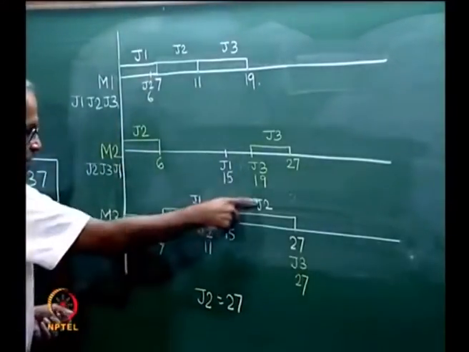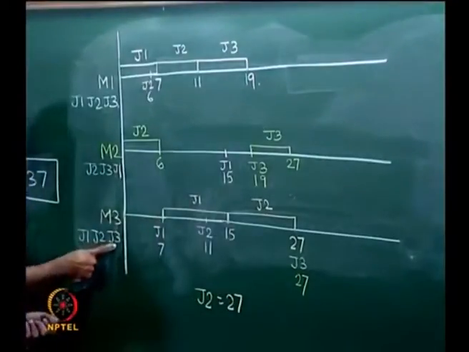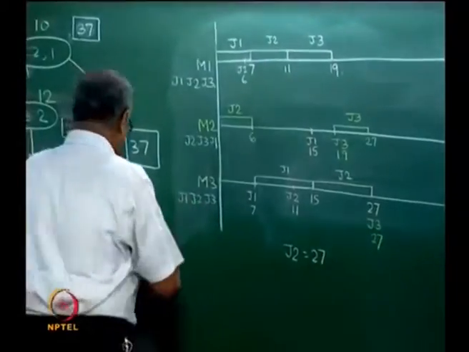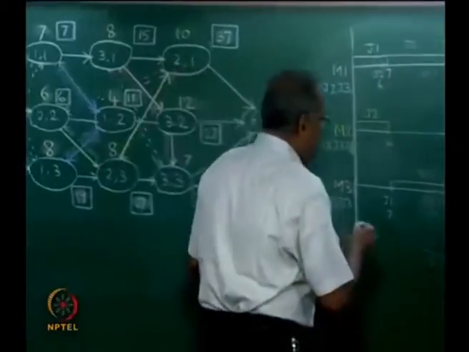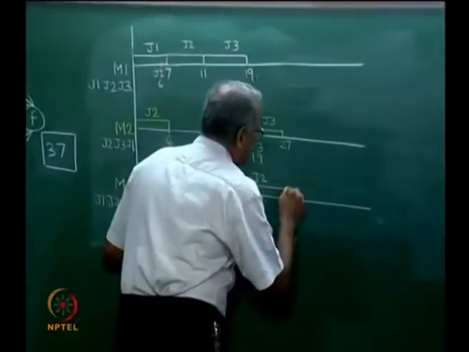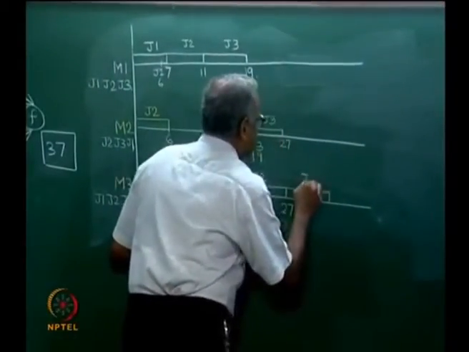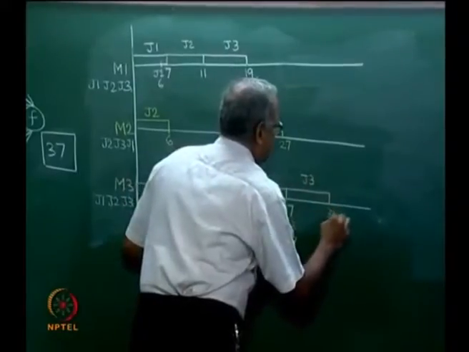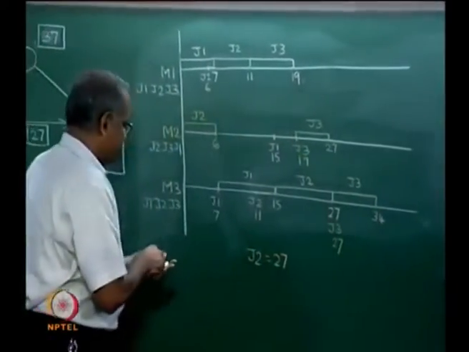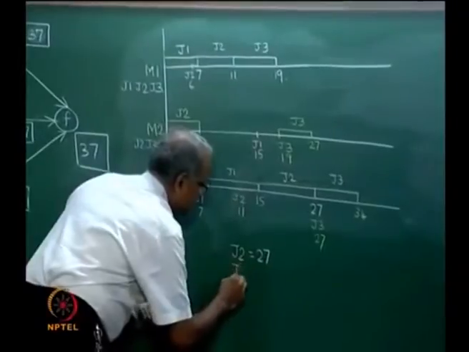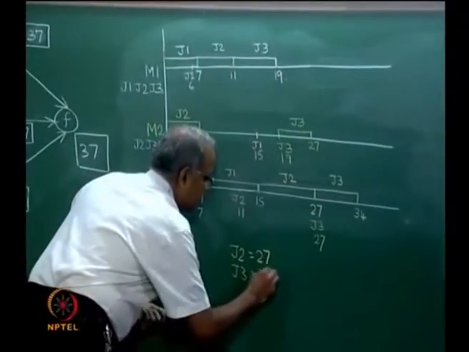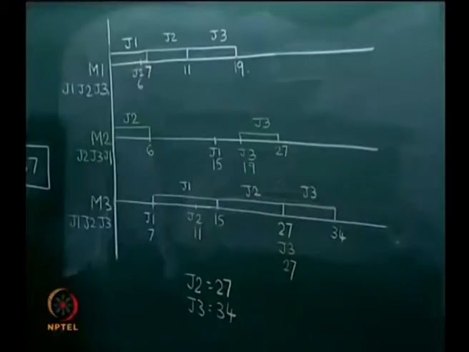Now, J1, J2 are already completed, J3 is the only one available. So, J3 on M3 is another 7. So, J3 will start at 27 and finish at 34. So, J3 will finish everything at time equal to 34.